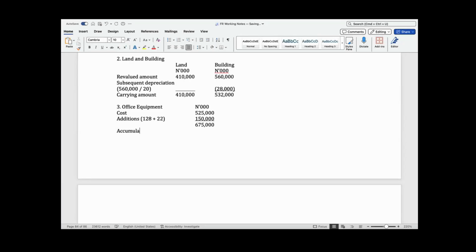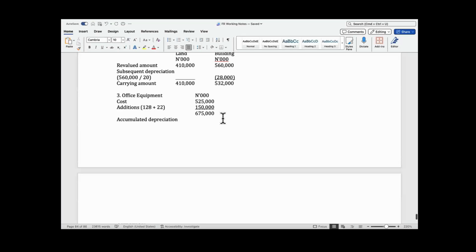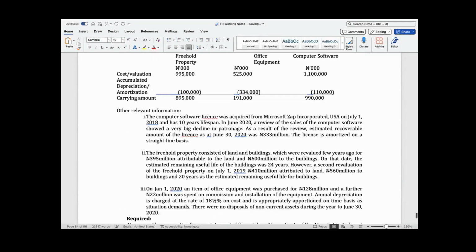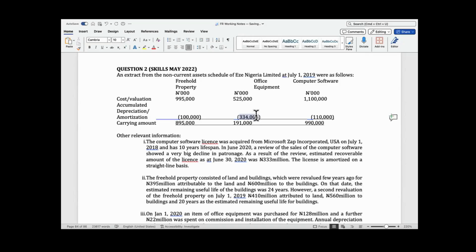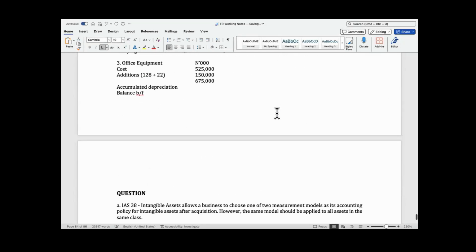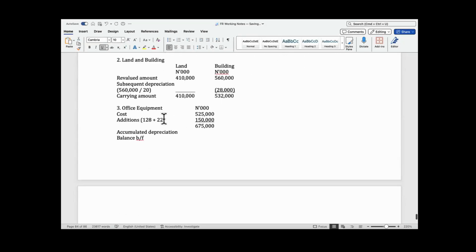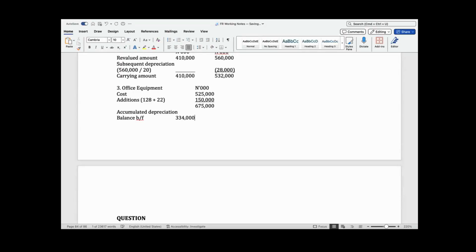Then accumulated depreciation. They didn't tell me when they bought it, so I can just work with the opening depreciation, which is 334,000. And then the charge for the year, which is the depreciation charge for the year.